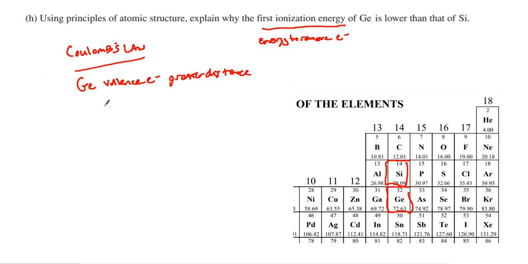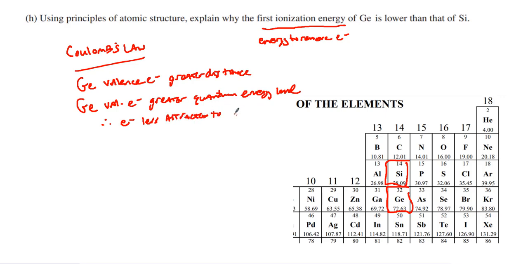This means that germanium's valence electrons are at a greater quantum energy level, and so therefore these valence electrons are less attracted to the nucleus. Therefore, if it's less attractive to the nucleus, it takes less energy to remove this valence electron.